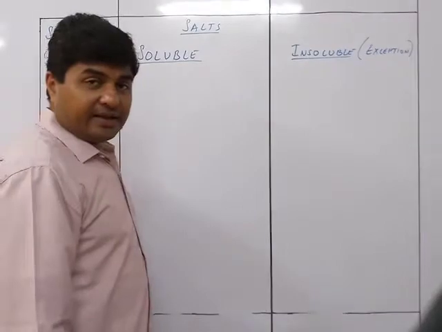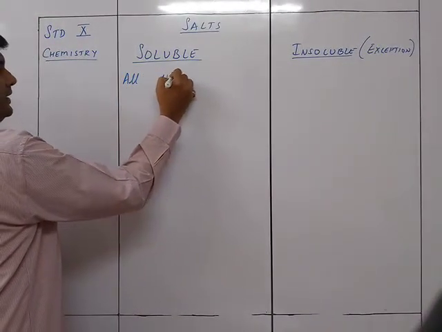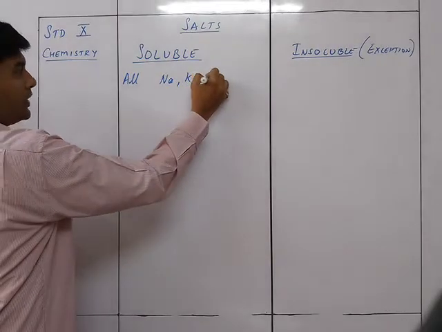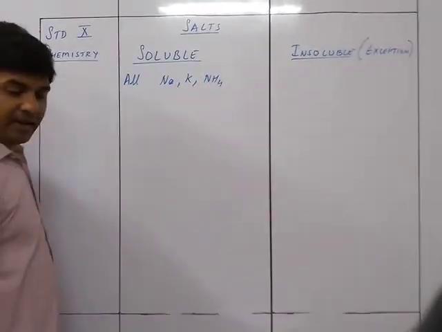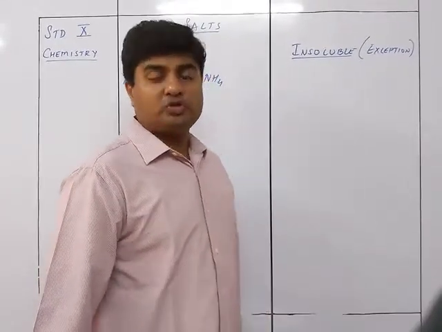The first thing is that all salts of Na, K, or ammonium, that is sodium salts, potassium salts, and ammonium salts, are soluble.